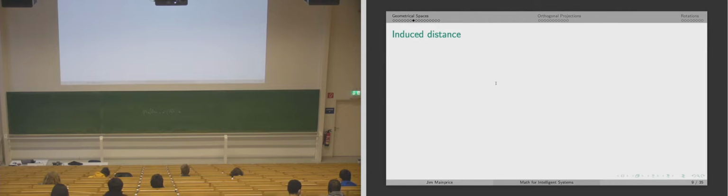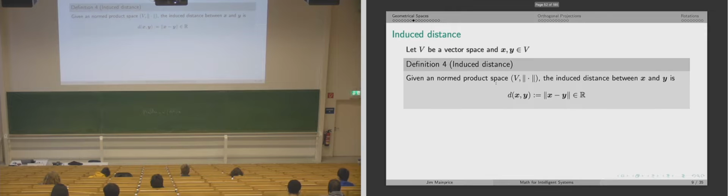Okay, so induced distances. We've talked about how to induce a norm from an inner product, and this is how we induce distances from a norm. So we went from inner product to norm.